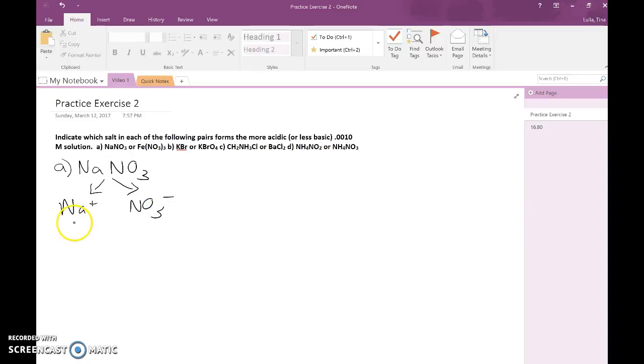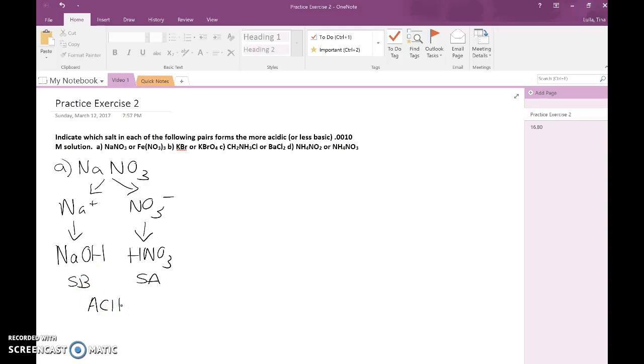And then we're gonna decide the cation, right? The positive ion is going to become the base. So the base that I can think of with Na is NaOH, which by the way is a strong base. And then NO3, HNO3, strong acid. So strong base, strong acid, this solution is going to be acidic.